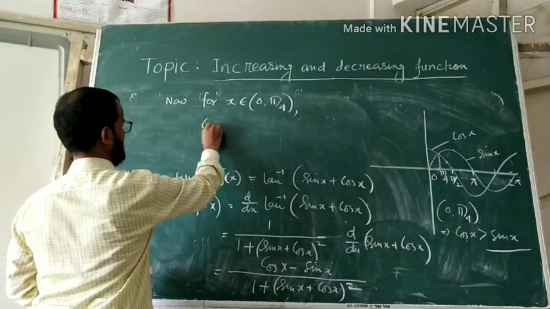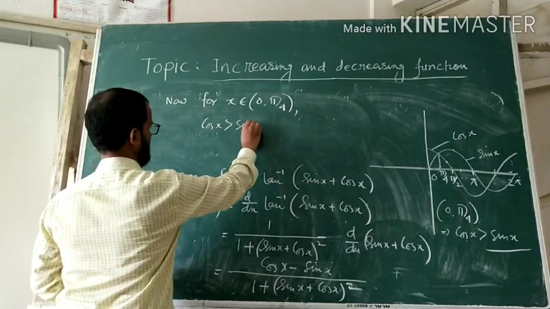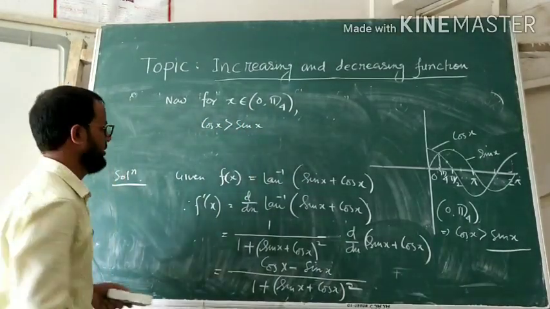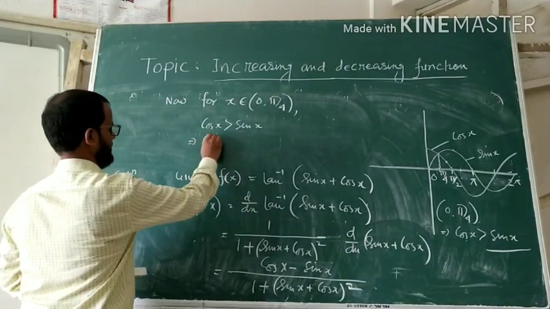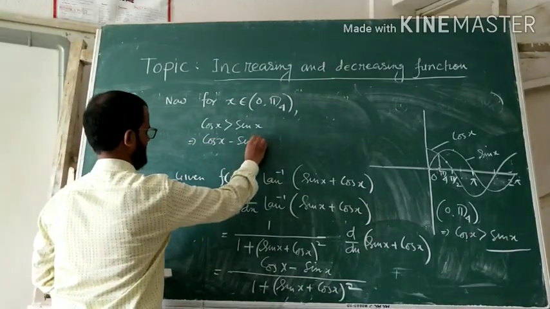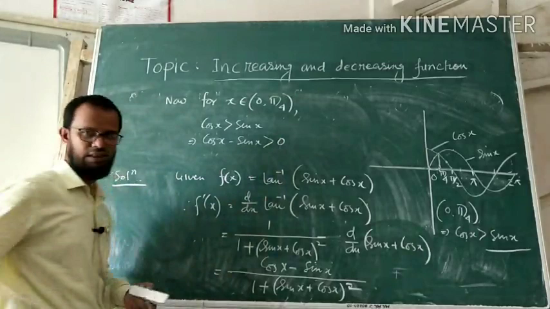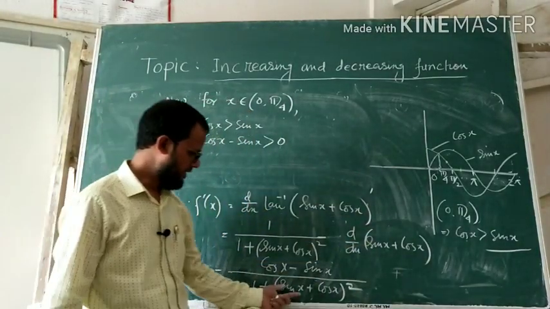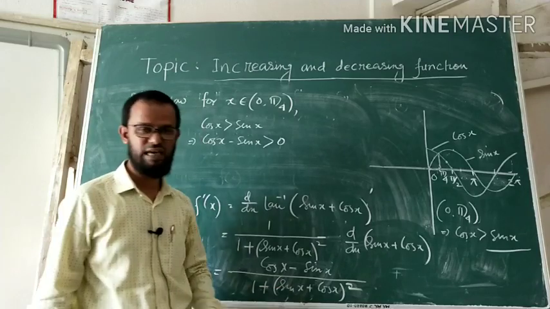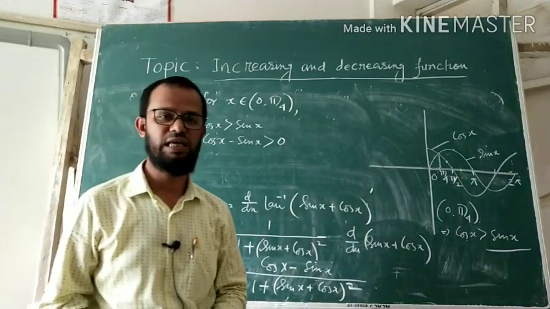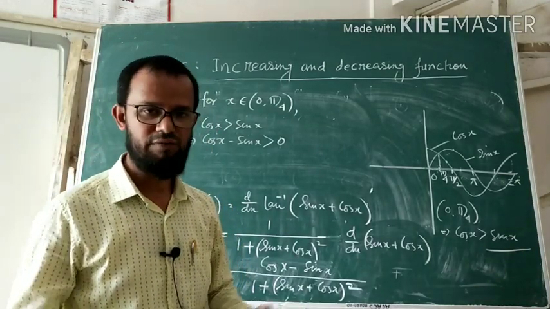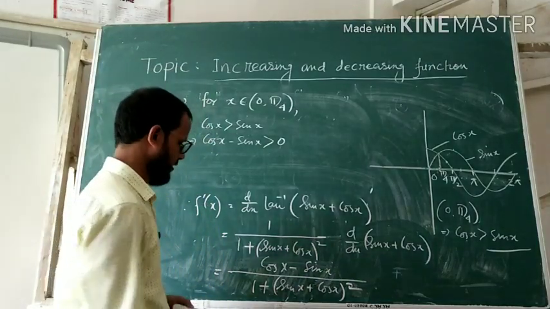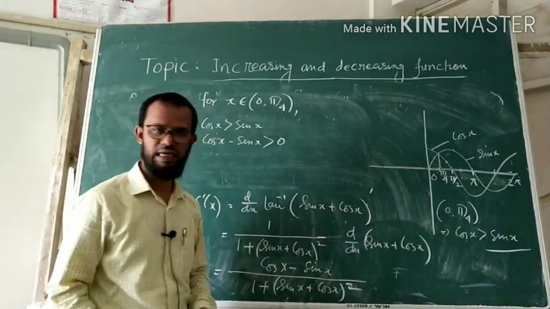This implies cos x minus sin x is greater than 0. Also, sin x lies between minus 1 and 1, and cos x lies between minus 1 and 1. Therefore these are real numbers, so sin x plus cos x is again a real number.